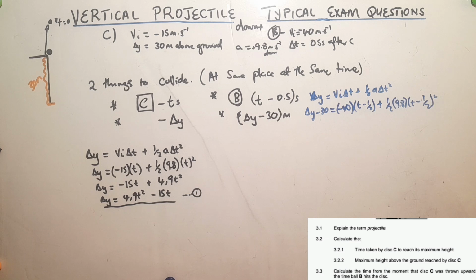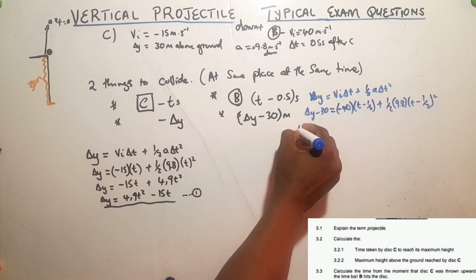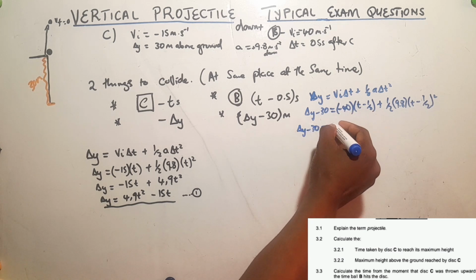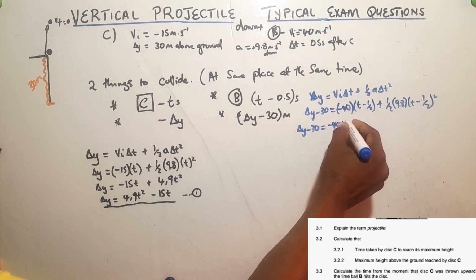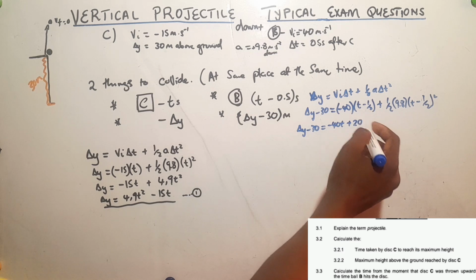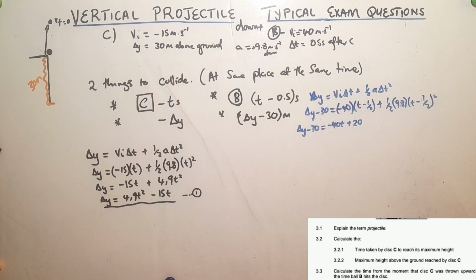So now how can we go on with this equation? This can be simply change in y minus 30 being equal to this multiplied by that, that's negative 40t, and this and that, that's positive 20, right?